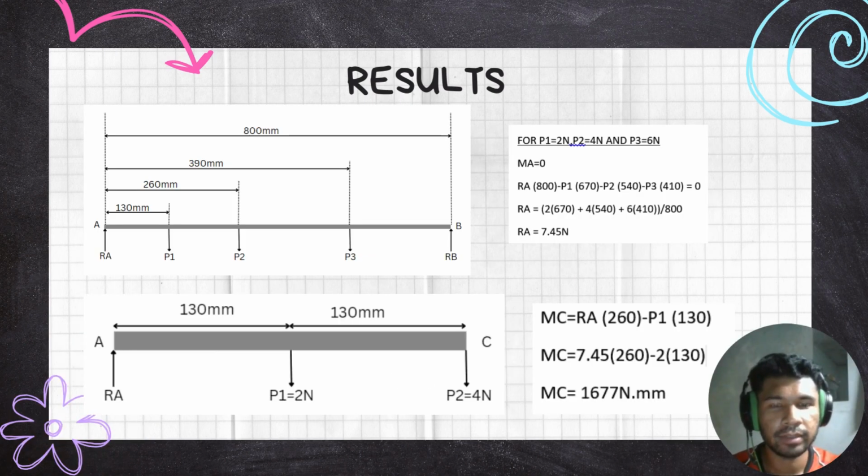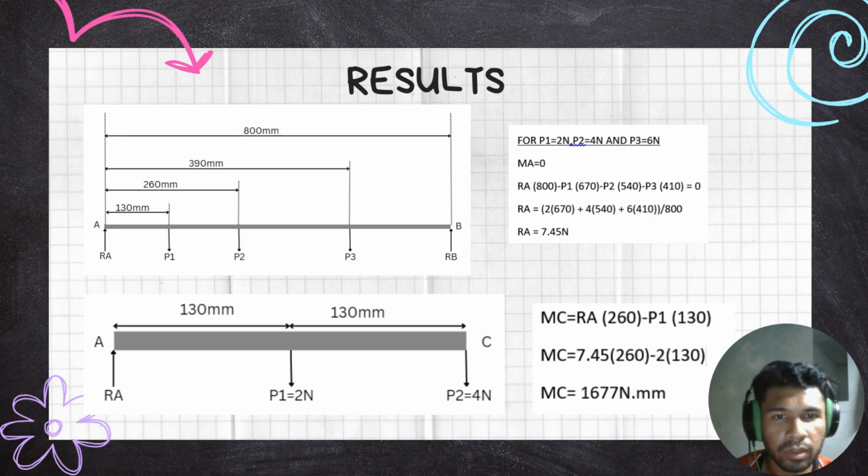Okay, same as the slide before. First, we set the moment at A equal to 0. Then, RA multiplied by 800 minus P1 multiplied by 670 minus P2 multiplied by 540 minus P3 multiplied by 410 equal to 0.